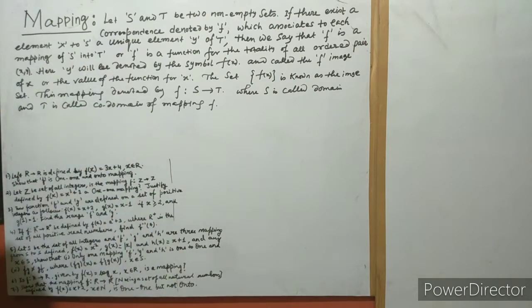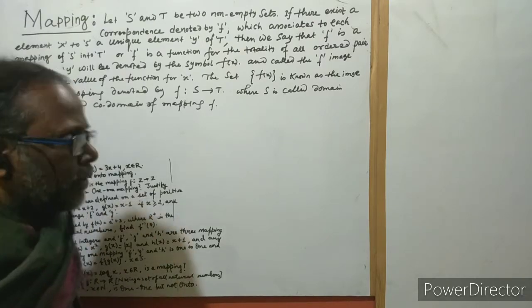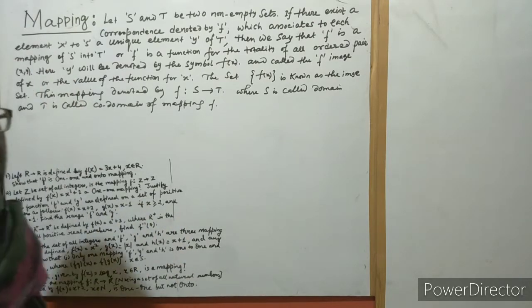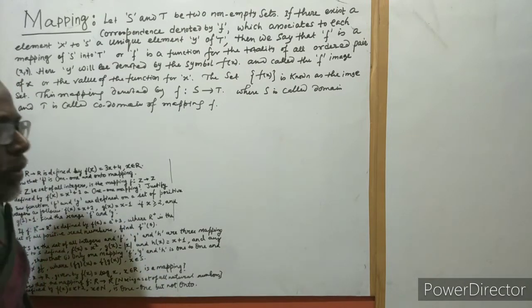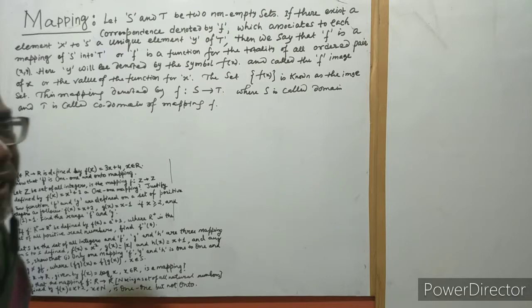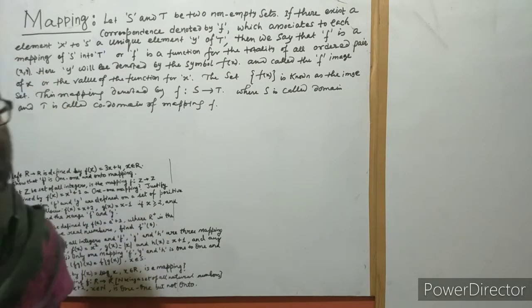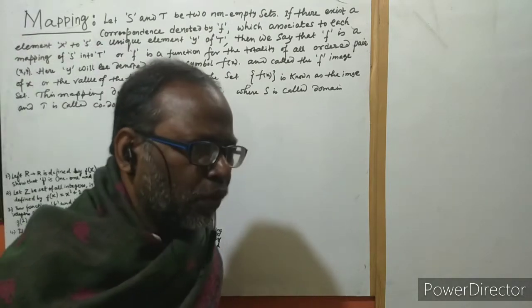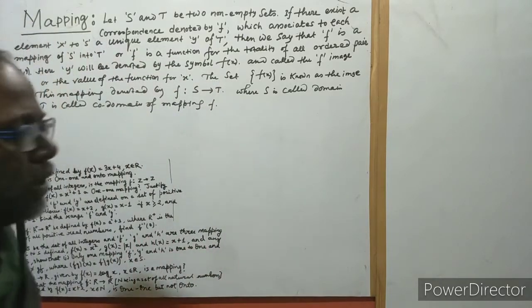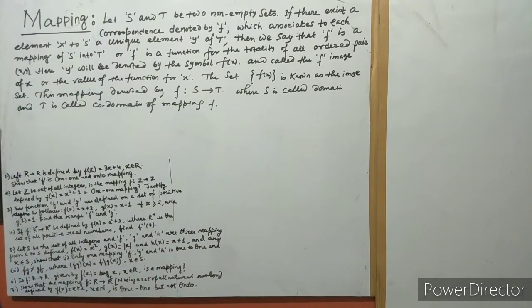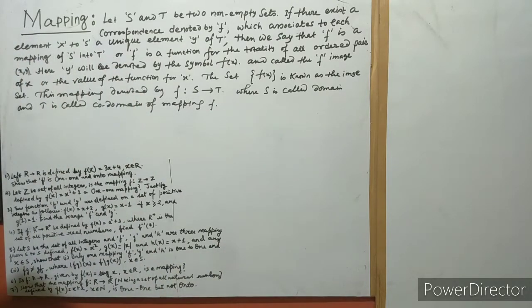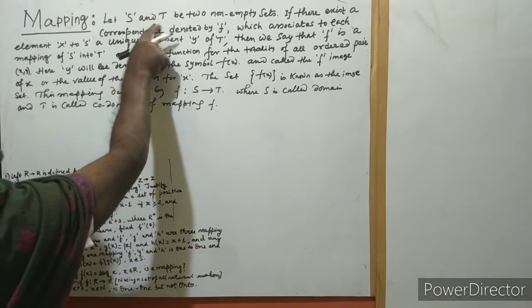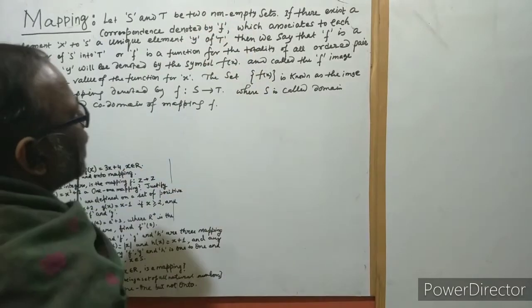About the definition: A to T, where S is called the domain and T is called the codomain. Actually, the value of x lies in S and the value of y lies in T. So S is called the domain and T is called the codomain or range or image. Let S and T be two non-empty sets.